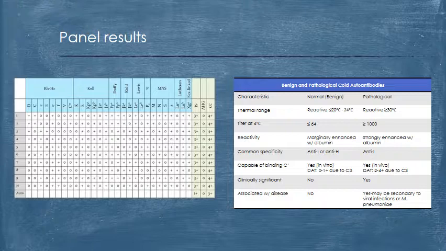If you look here at this example of this panel, first of all, look down here at the auto control. You can see that it's positive, and you can see that it's positive at immediate spin. That means it's cold. That's a cold autoantibody.